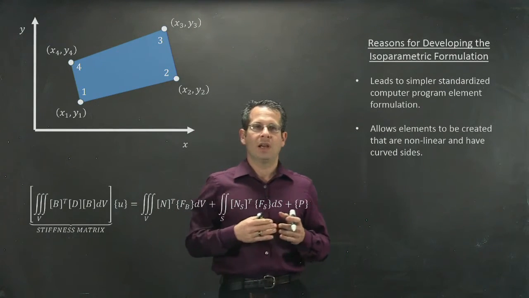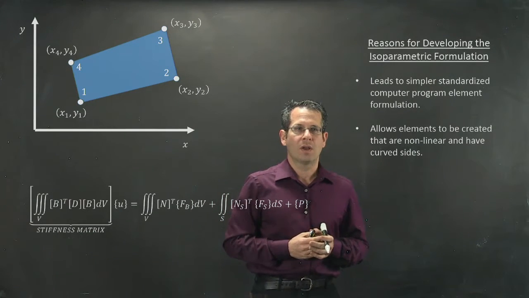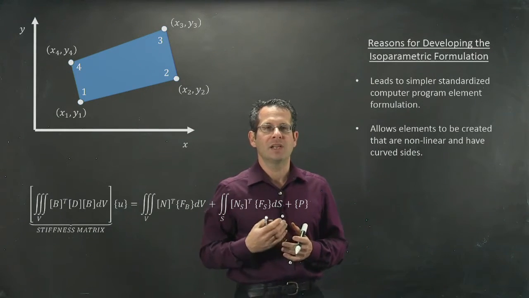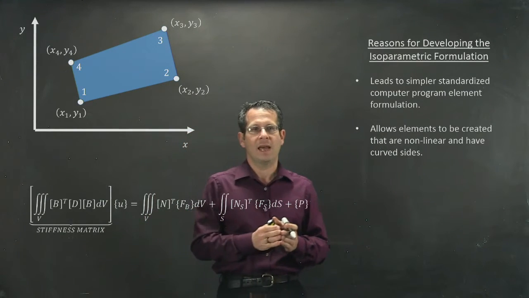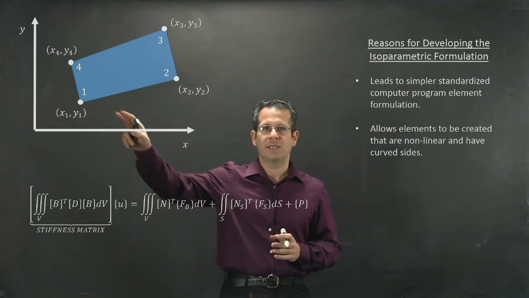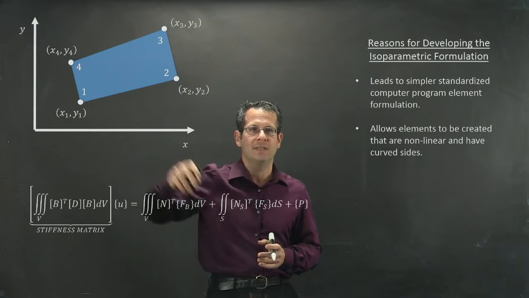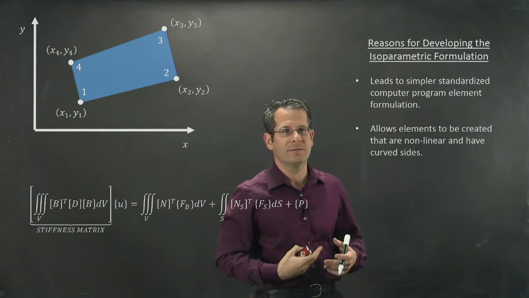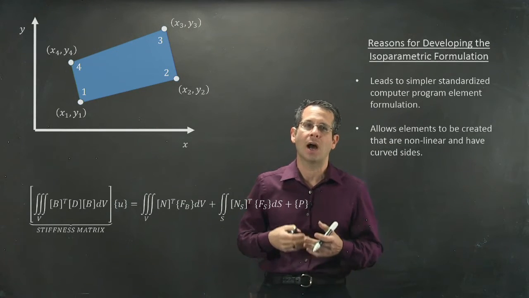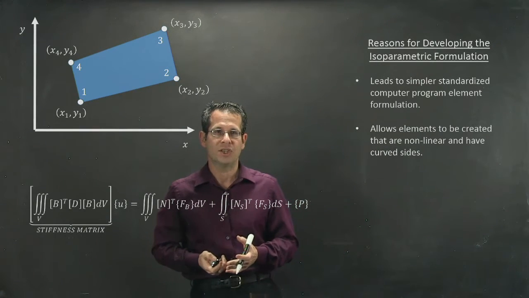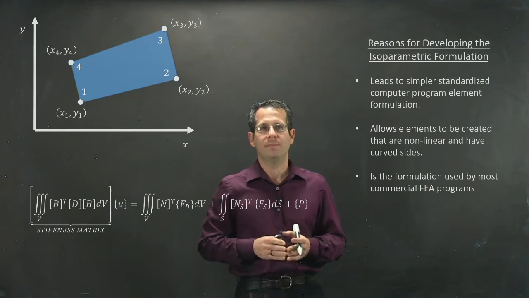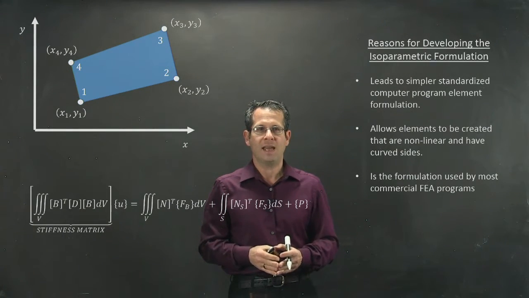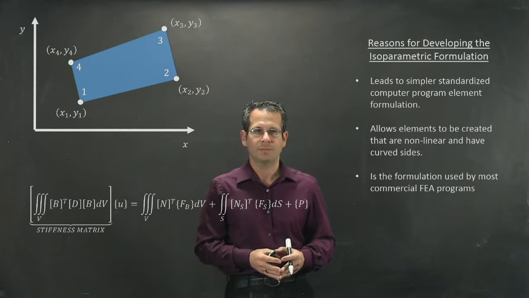The isoparametric formulation will also allow us to not just work with quadrilateral elements, but any element that has 4 vertices. It can even have a curved side or two, allowing us to form elements at our boundaries of more complex two-dimensional shapes. Indeed, it's the isoparametric formulation that's used in most of the commercial FEA software that's currently available.